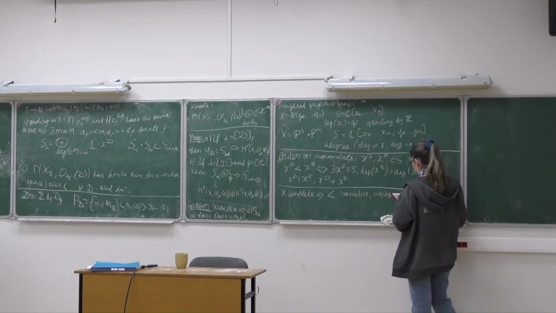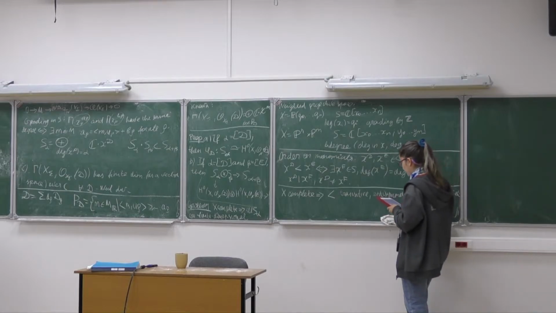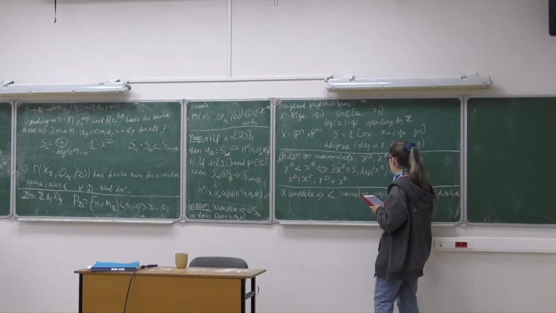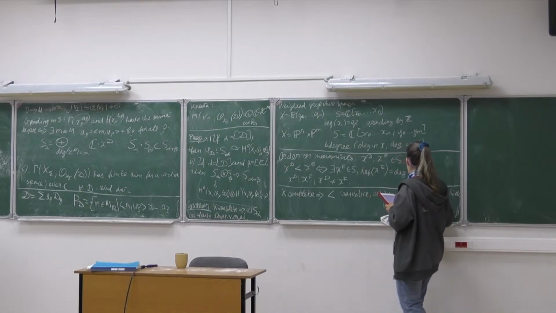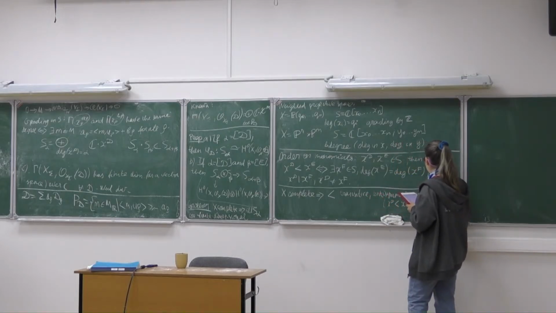It means that if we have some x^D less than x^E, then x^(D+F) is less than x^(E+F).